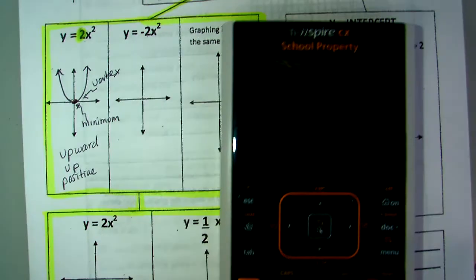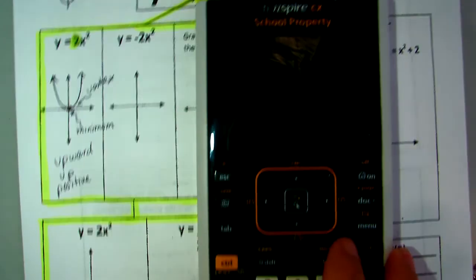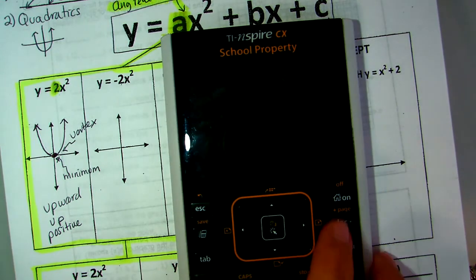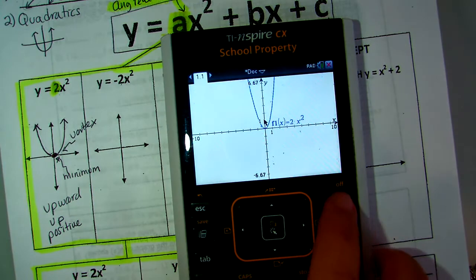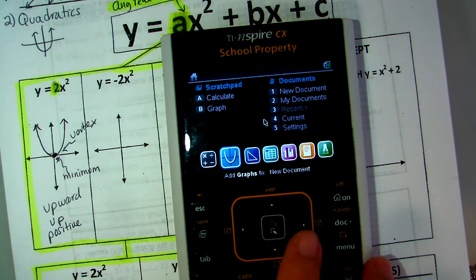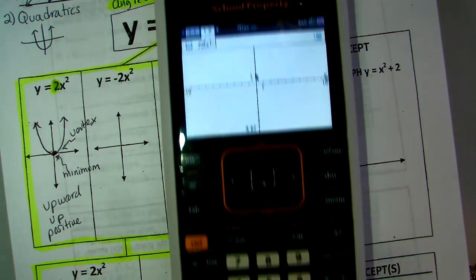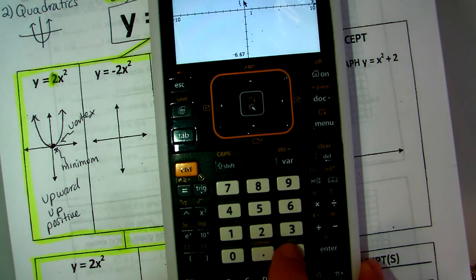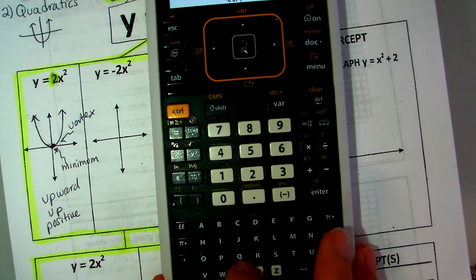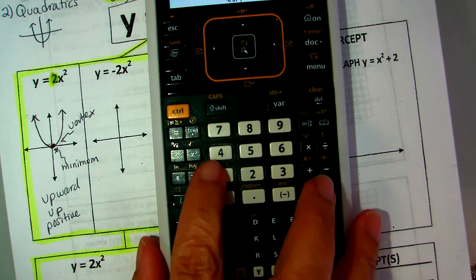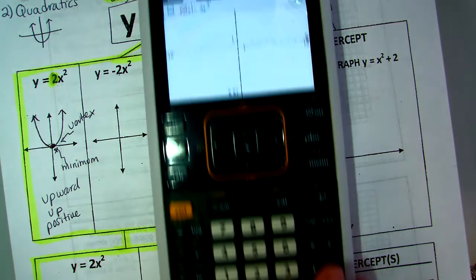All right, now let's grab this one and see what it looks like. We're going to start a new graph. This one is negative 2x squared.